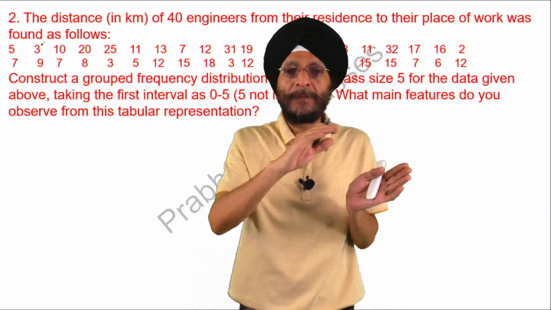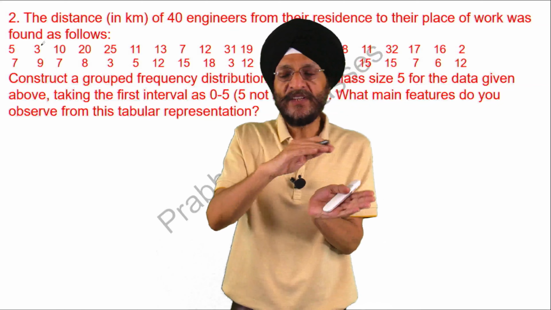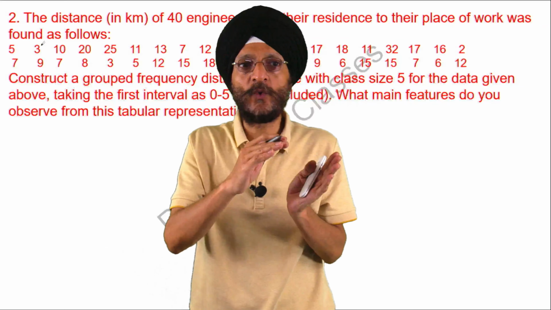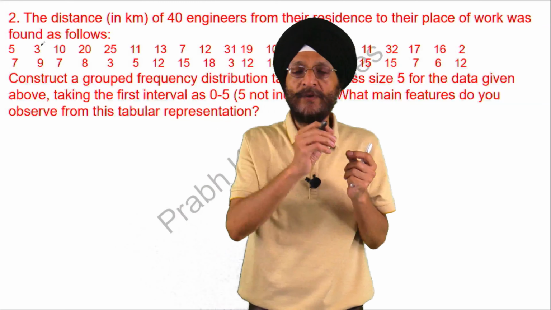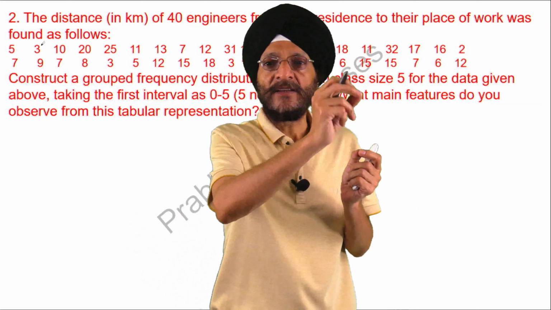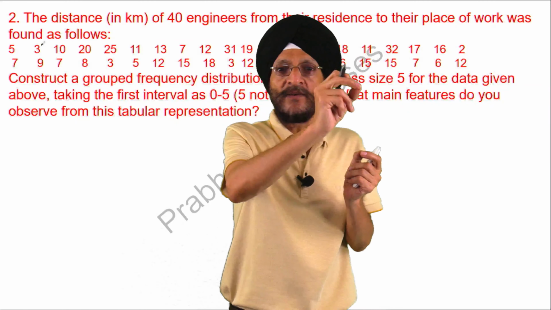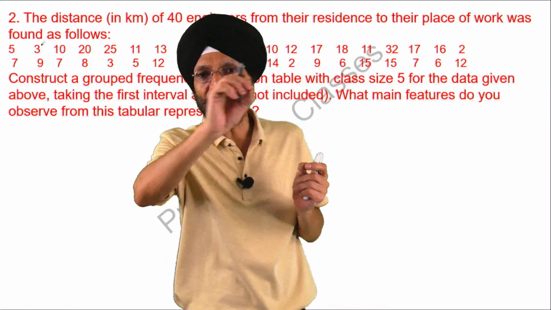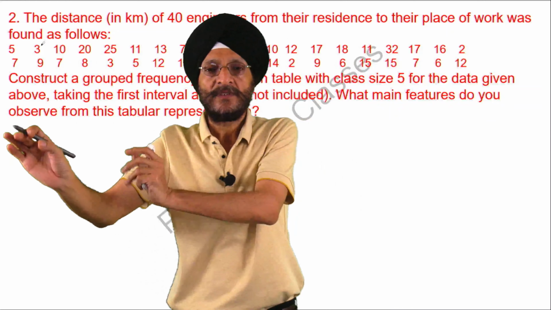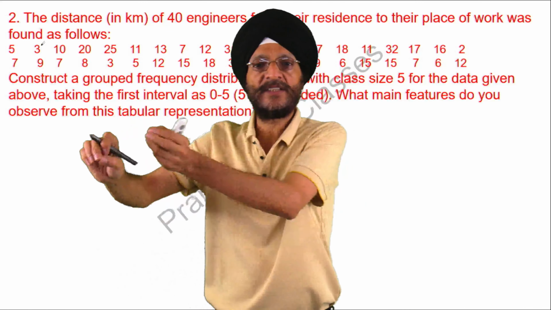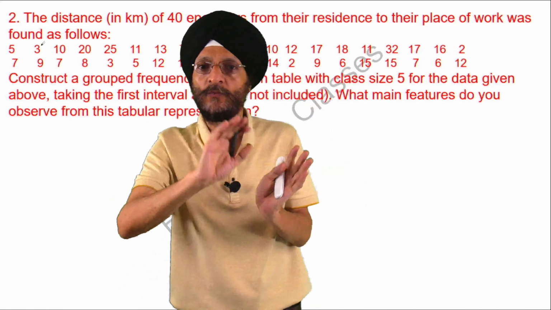Now, on the basis of this distance, we are to construct a grouped frequency distribution table. That is, we will not write that A is covering a distance of 5 kilometers, B is covering 6, C is covering 10. No, we will form the grouped frequency distribution table.